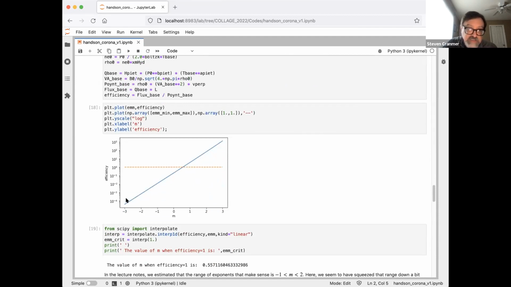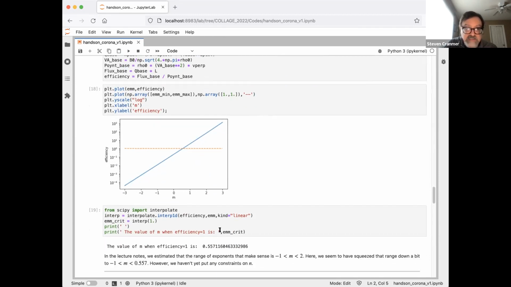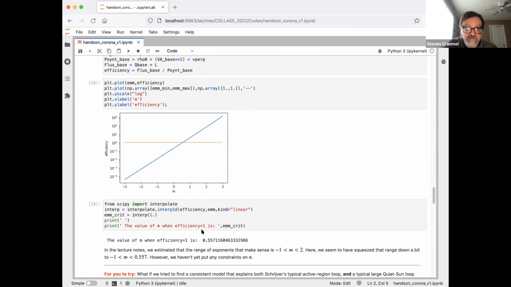And now the efficiency is the blue curve versus m, and we compare it with 1. It turns out when we assumed m was 0, we were down here at about 0.2. And it turns out that the m value has to be less than about 0.5. And if you use interpolation to figure out exactly where that is, it's 0.557 something.